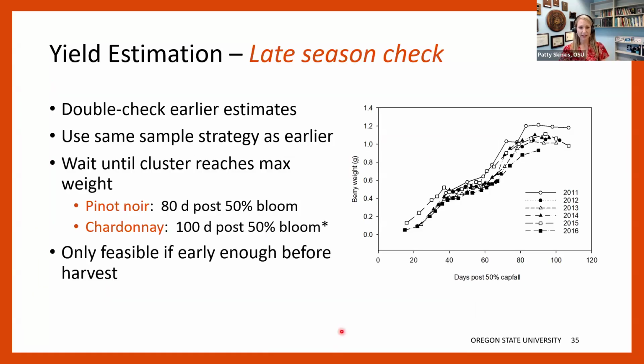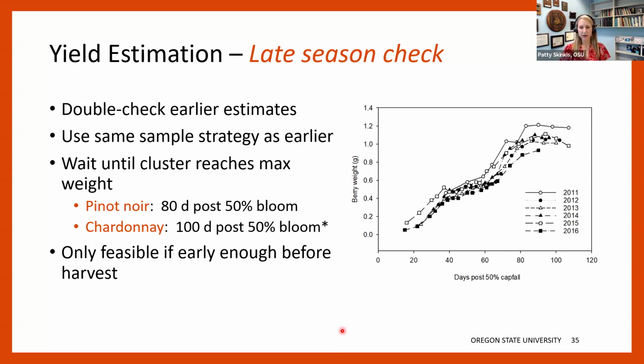Now, if you want to do a late season check, some of the things we found in our data set: we found that we reach maximum berry size at 80 days post 50% bloom in Pinot Noir. So if you wanted to do a validation check on Pinot Noir, you can do it at 80 days with your cluster weights.